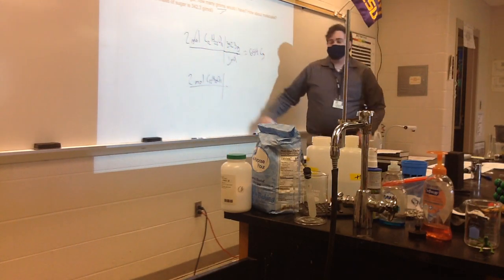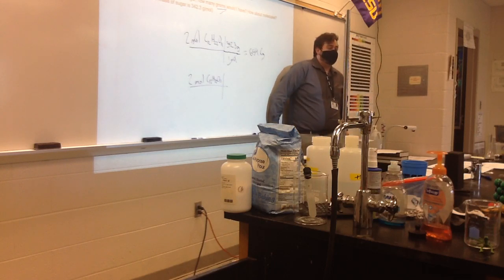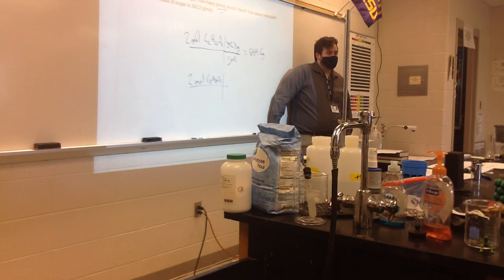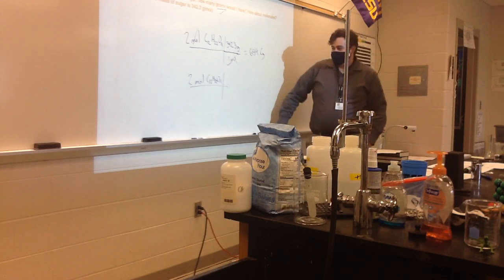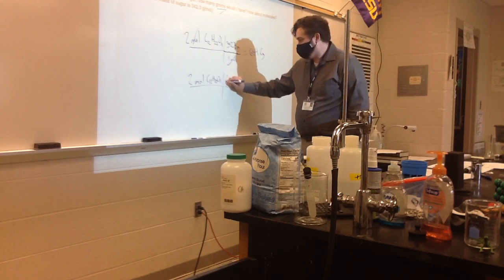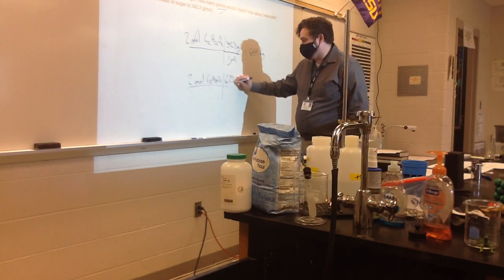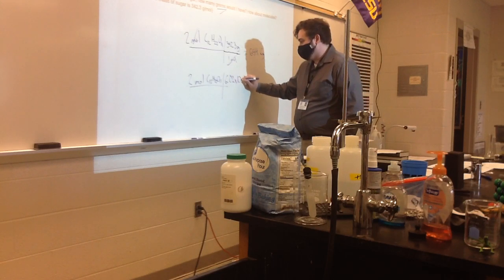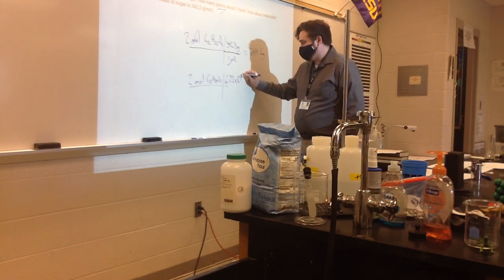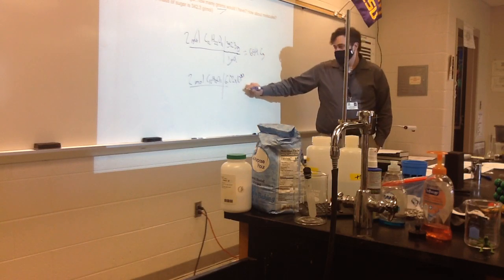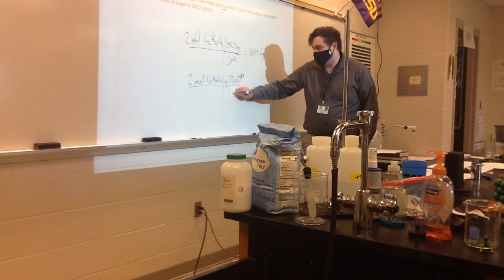So now what do we need to do in order to get to molecules? Put 1 mole on the bottom and 6.02 times 10 to the 23rd on the top. Yeah, that sounds about right. So you said put 6.02 times 10 to the 23rd for 1 mole, over 1 mole? What's the unit on the top here?